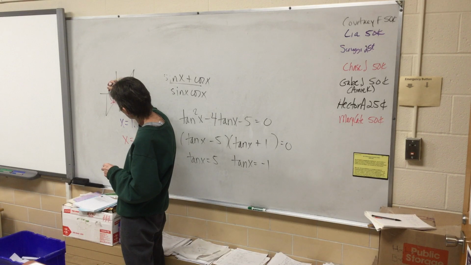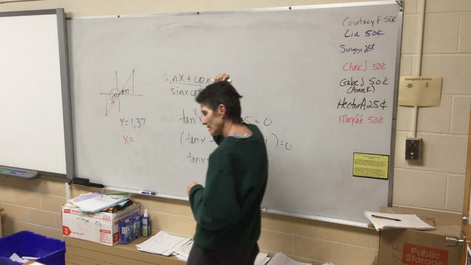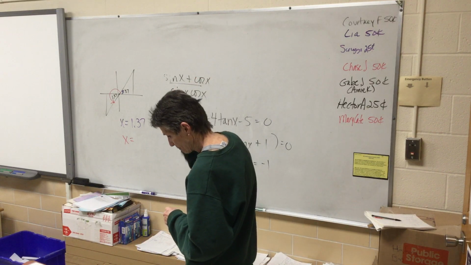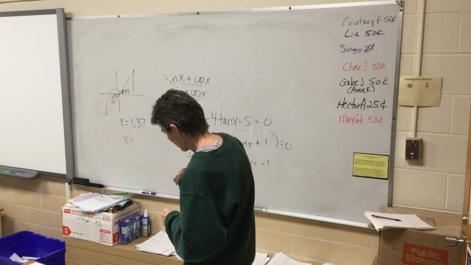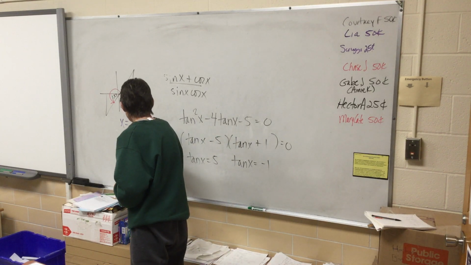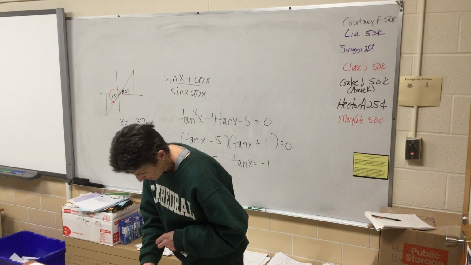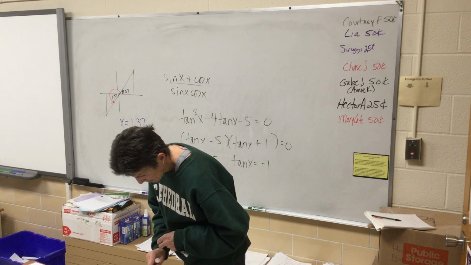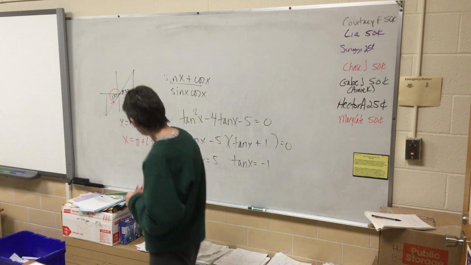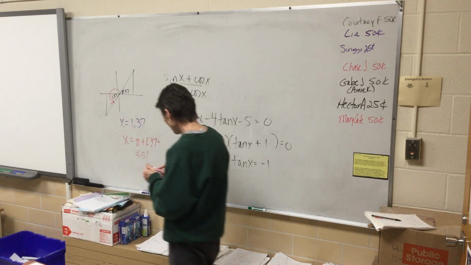I'll go all the way around here and then an extra 1.37. So how will I find that number? Add pi. Yep. So pi plus 1.37, which is 4.51. Now don't get too excited, we're not done yet.